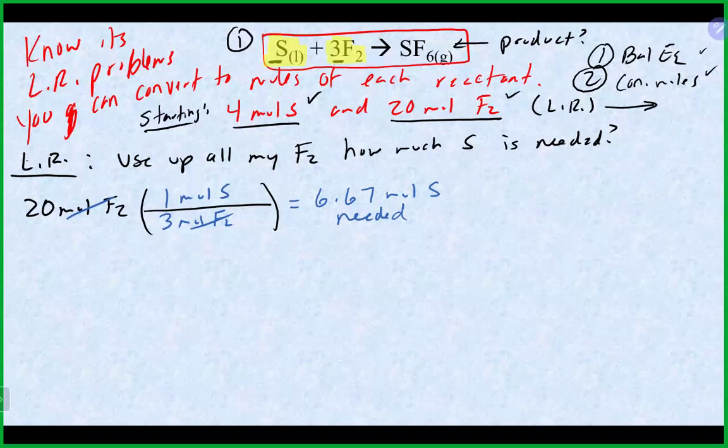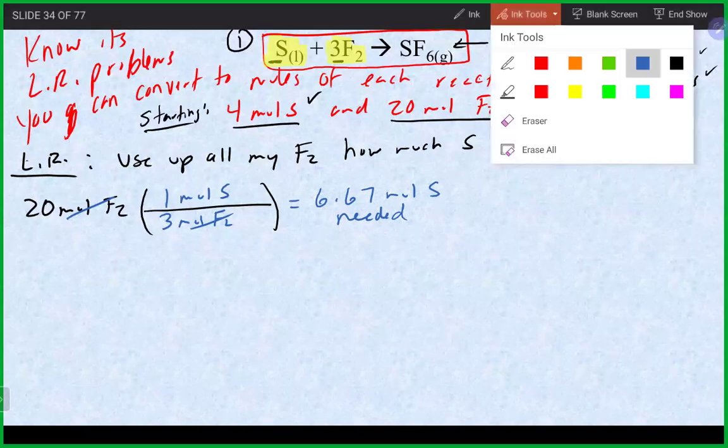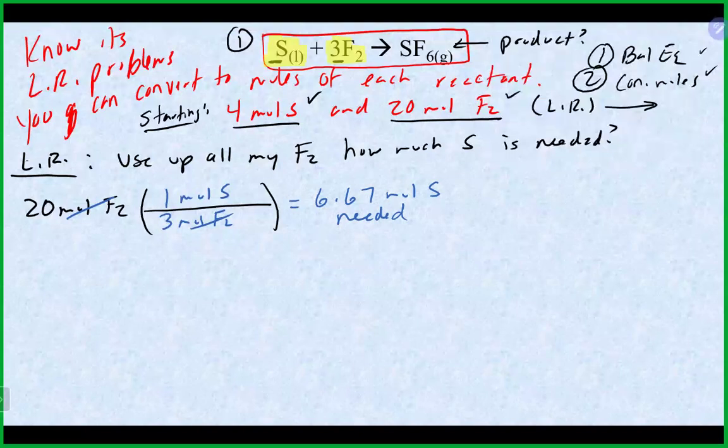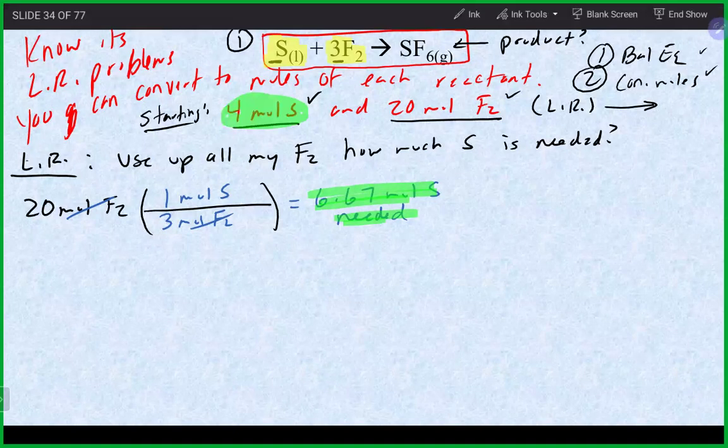And what we're going to do with that number is we basically want to see, do we have enough of it? So what this basically tells me is, if I want to use up the other reactant, I need 6.67 moles of sulfur. How many moles did I start with? Started with 4 moles, all right?